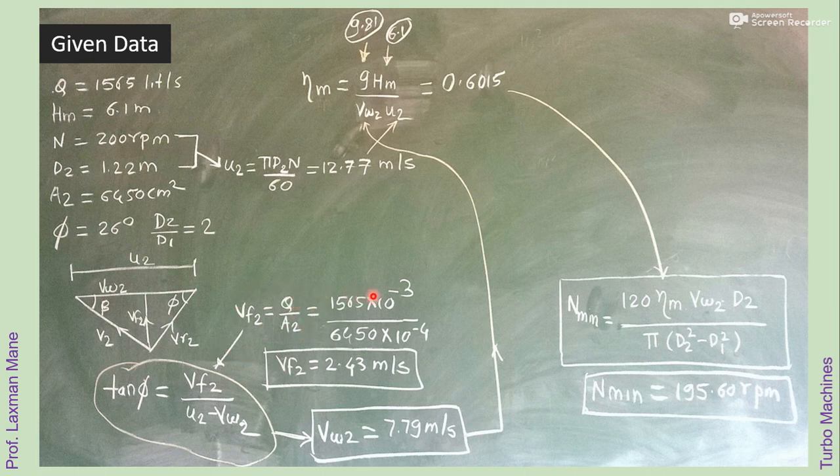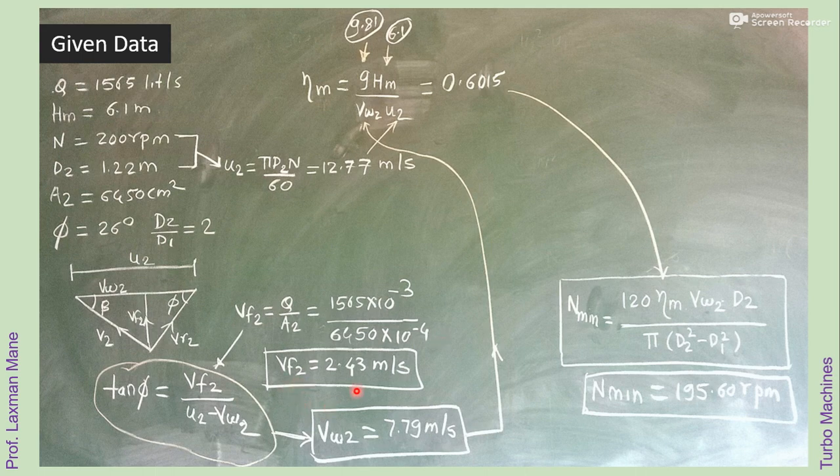Now in this, discharge in liter per second is given. So here we convert that into meter cube per second. That's why we multiply it with 10 raised to minus 3, divided by area, which is given in centimeter square. So multiply this centimeter square area into meter square area by 10 raised to minus 4.